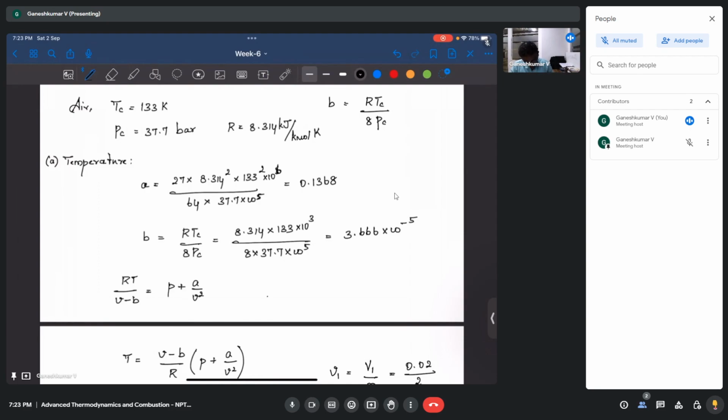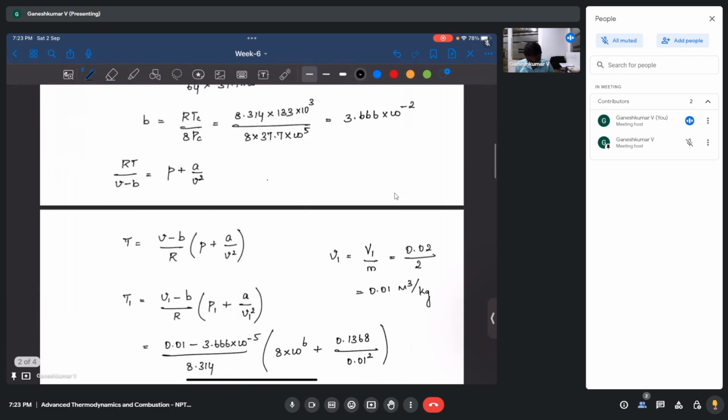So yeah, there's going to be a 10 power 6 factor here too. It's 1.36825, a very big number, and here it's going to be 10 power minus 2.